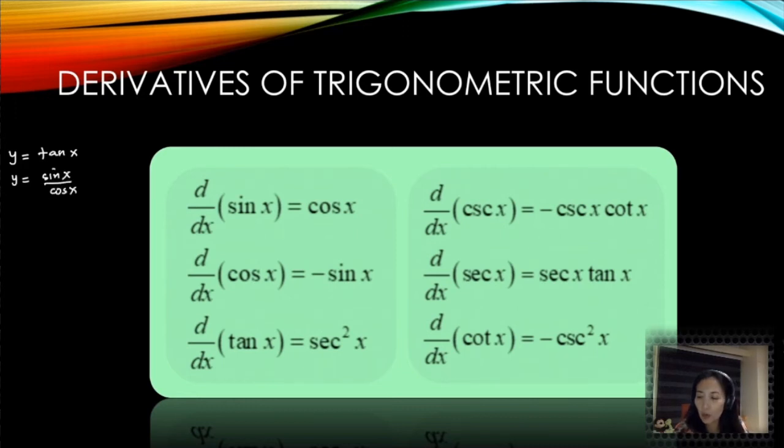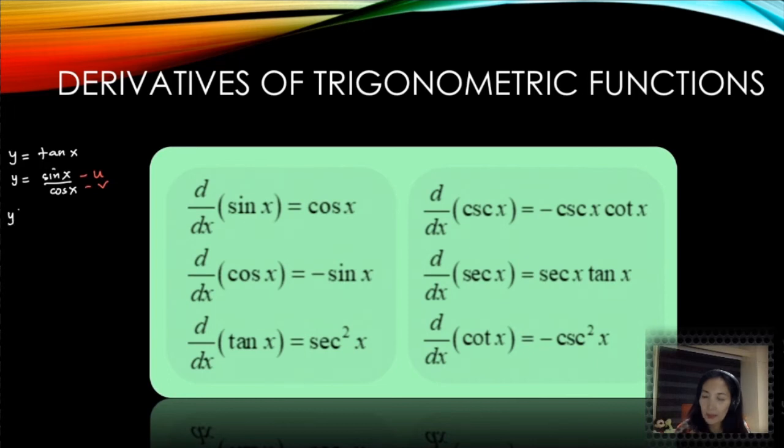Okay, look at the form. The form is a quotient, u over v. So it's in the form of a quotient. Therefore, to get y prime, we have to apply the quotient rule.